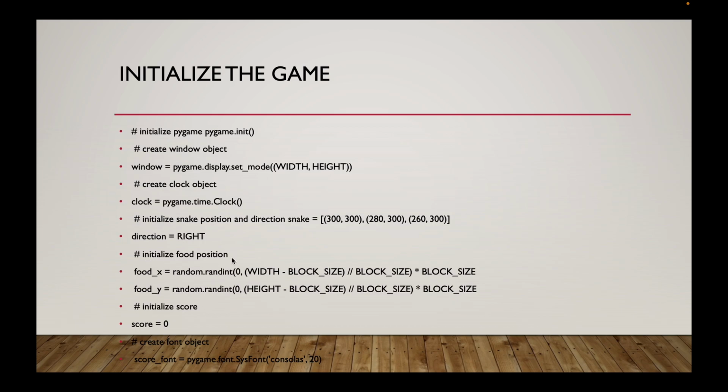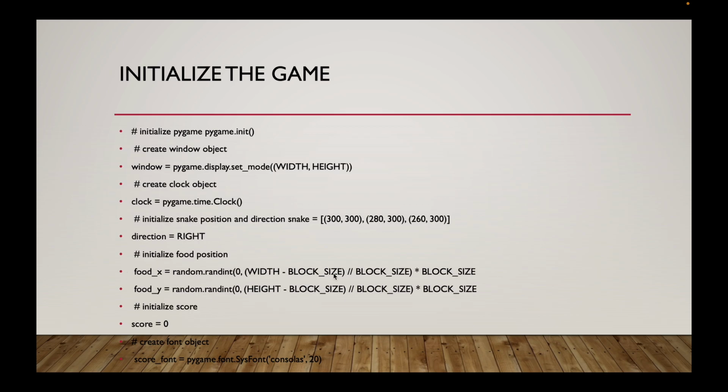Now let's initialize the food coordinate. Here we have food x and food y. From random we are getting this. Here some basic maths. This coordinate must lie within the square of 600 by 600. So we are defining width minus block size divided by block size times block size.